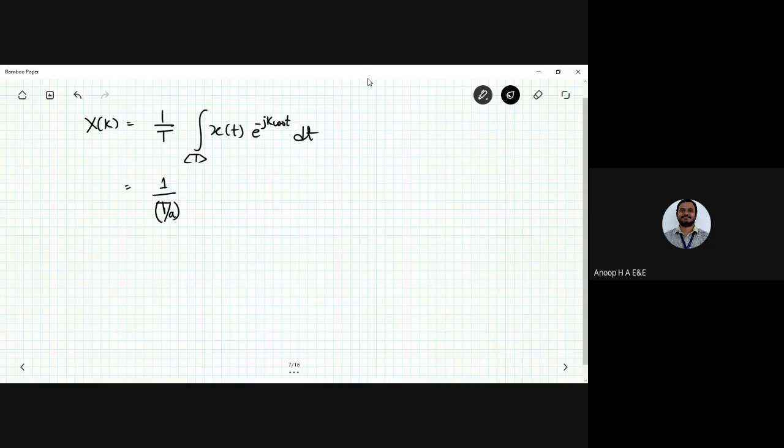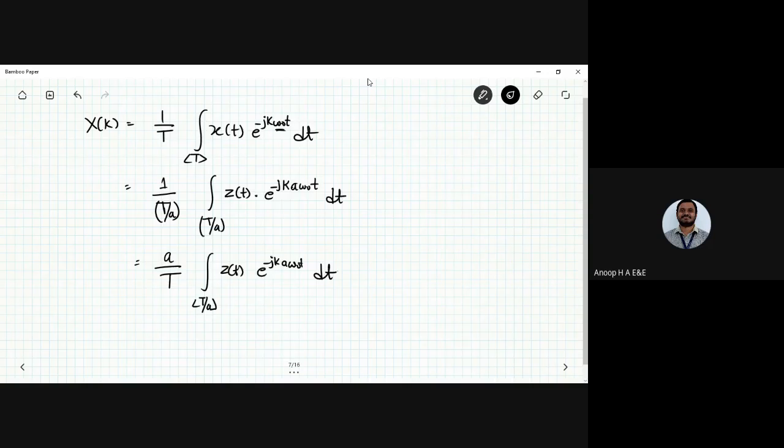So it becomes 1 divided by t by a, integral over t by a of z of t multiplied with e power minus j k, where omega naught is replaced by a into omega naught, t dt. So I can write a divided by t, integral over t by a of z of t e power minus j k a omega naught t dt. That is where you replace it.